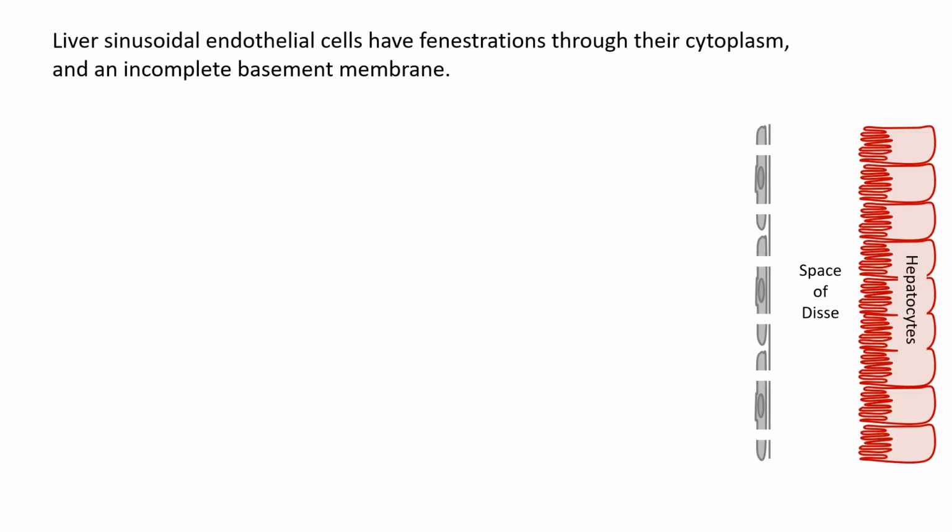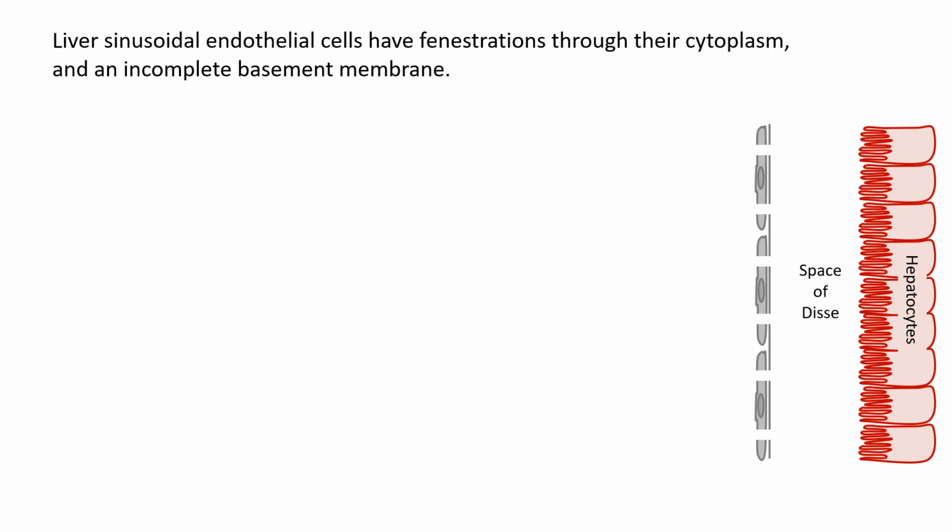So how does fibrosis and a few other changes affect how the liver functions? Well, for a start off, those endothelial cells lining the sinusoids, remember we said have fenestrations. They have little windows that pass all the way through them, through their cytoplasm.